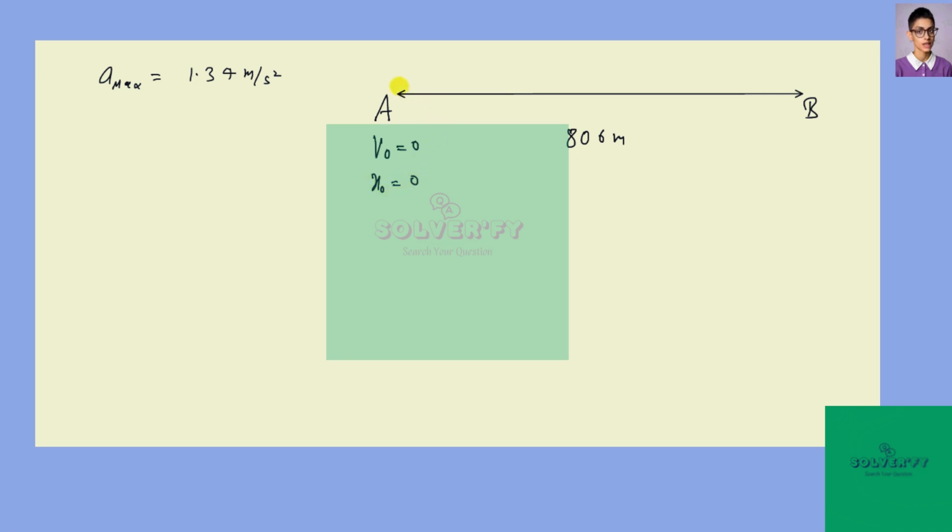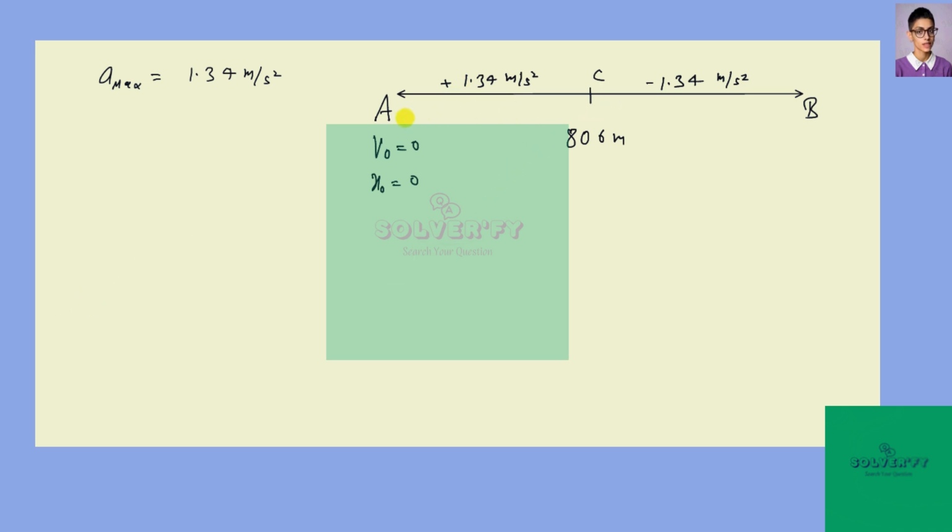From here it attains the maximum acceleration of 1.34 meters per second square until the midway point, point C, and then we have to decelerate it with the same maximum acceleration, minus 1.34 meters per second square. That means we have to find the velocity at point C, which would be the maximum velocity.